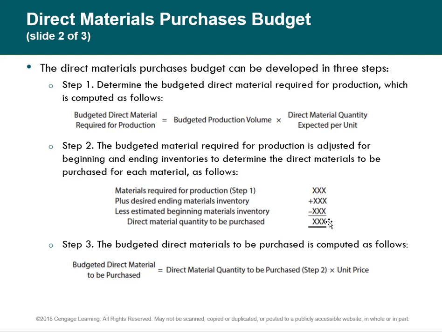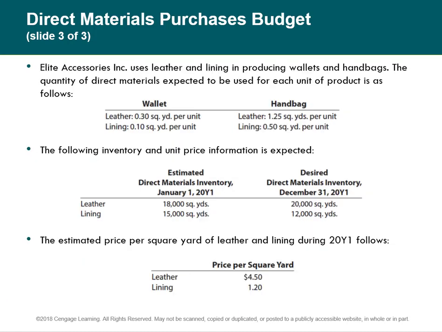So the budgeted direct materials then are, let's look at a schedule. Direct material quantity to be purchased times the unit price. So let's look at what we've got. For Elite Accessories, a wallet needs 0.3 square yards of leather per unit, and a handbag needs 1.25 square yards of leather.